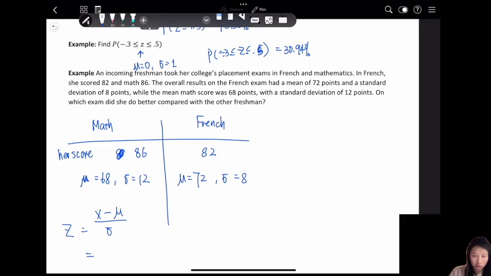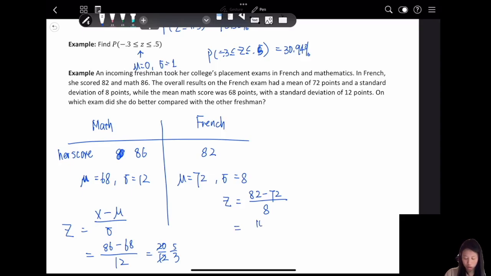For math, z equals 86 minus 68, which is 18, over 12, equals 3/2. For French, z is 82 minus 72 over 8, which equals 10 over 8, or 5/4. So which one is doing better?